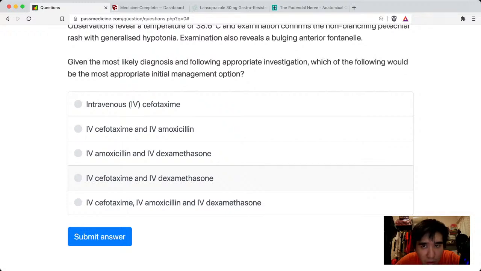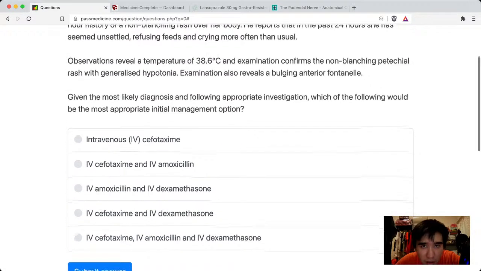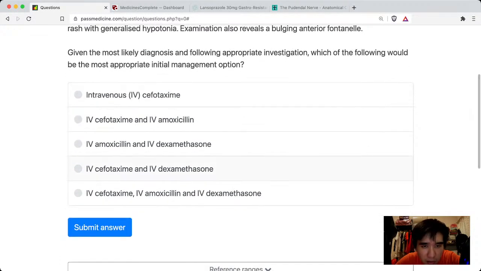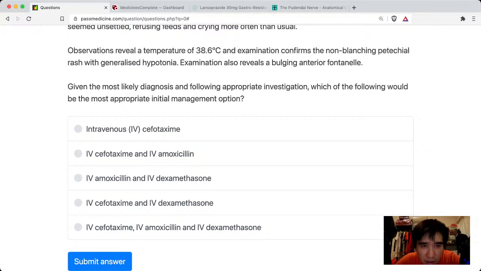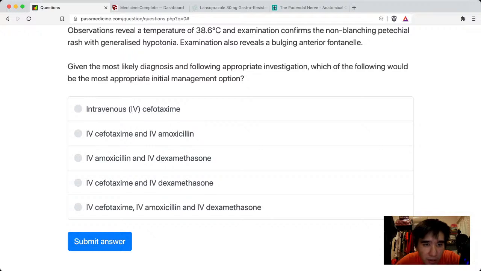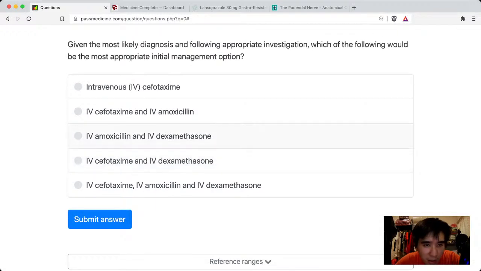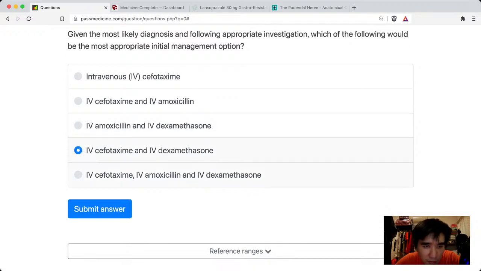It will reduce intracranial pressure, especially if you have a bulging anterior fontanelle. That will help. Theoretically, but everything is based on guidelines and we can't base everything on theory. It is real practice. So intravenous cefotaxime. Cefotaxime appears quite commonly. So cefotaxime is the antibiotic for meningitis. What other? Amoxicillin? Do we need amoxicillin? I don't think so. Let's try this one.